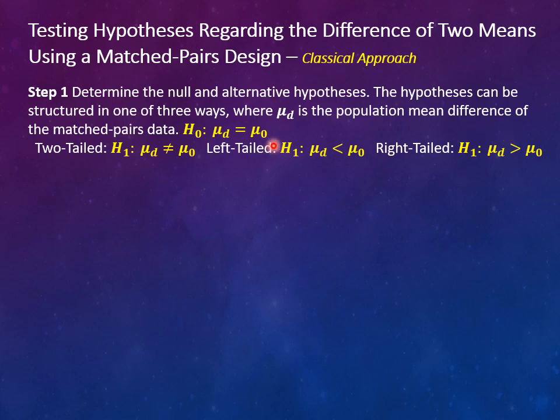So our null hypothesis is that the difference between the means is equal, etc. Our two-tailed, of course, is that they're not equal. Our left-tailed is that the mean is less than our parameter, mu sub naught. And then the right-tailed is, of course, that the population mean difference is greater than our data point.